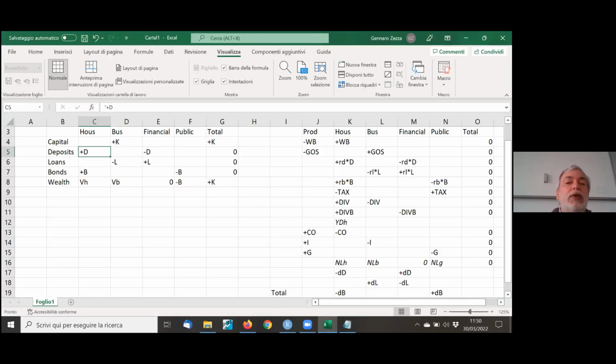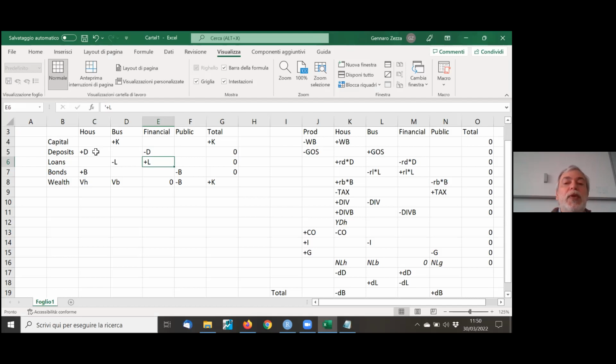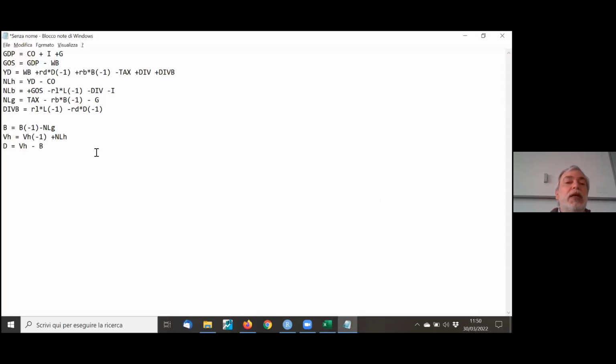Now the accounting of the model implies that the stock of loans must be equal to the stock of deposits. We could put it explicitly in this way, but not necessarily.